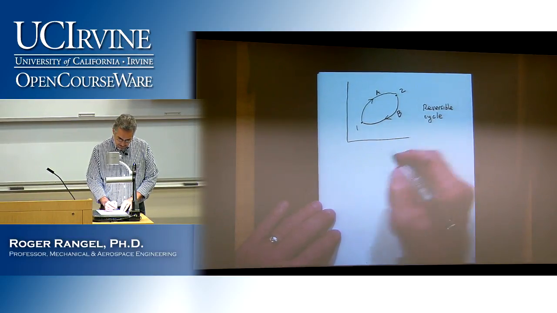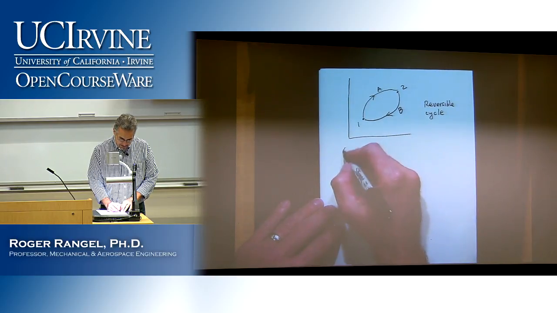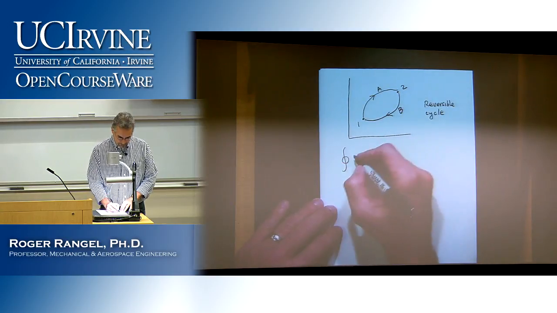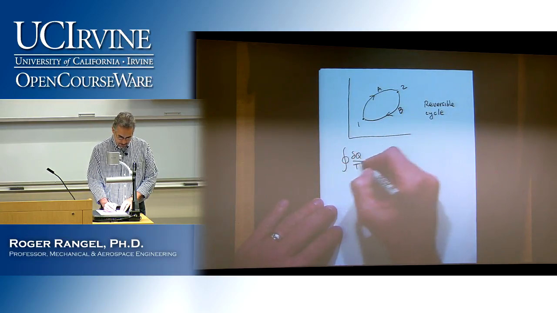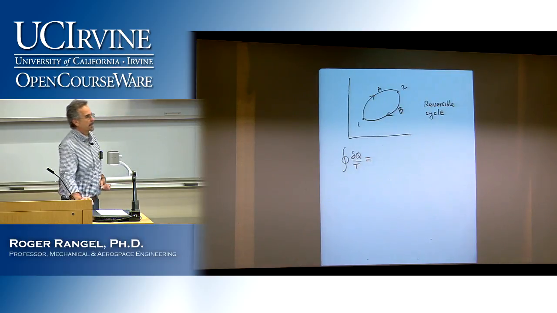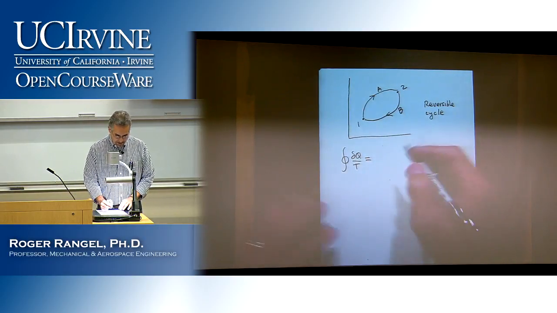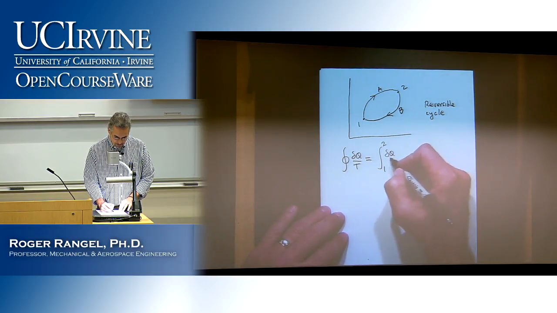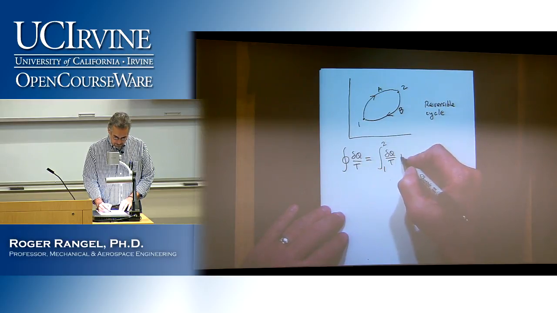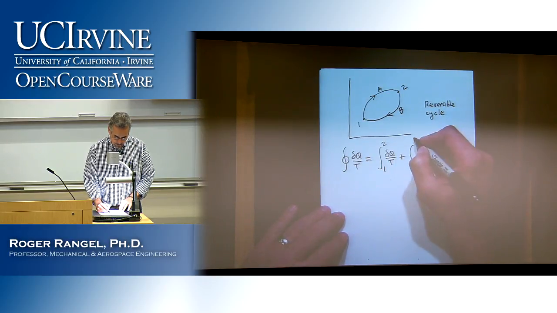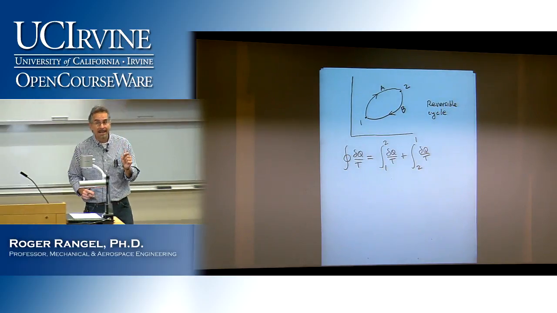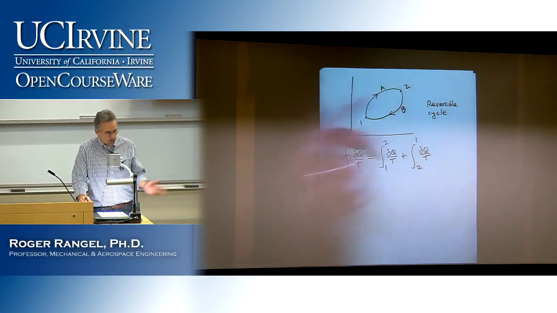Let's do the integral that we just computed, the cyclic integral. That means going from 1 to 2 and from 2 back to 1 of delta Q over T. Just like I did for the Carnot engine, I'm going to break it down into two parts: the integral from 1 to 2 of delta Q over T plus the integral from 2 to 1 of delta Q over T. I have to be a little more careful here because I want to specify the path, since I can go from 1 to 2 on any path.